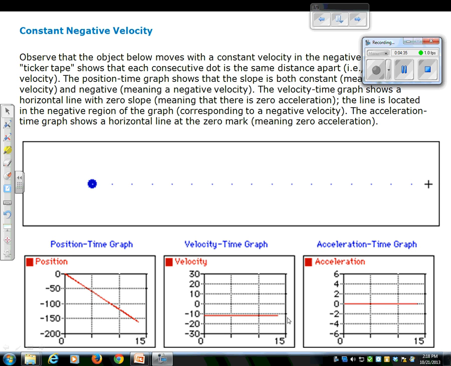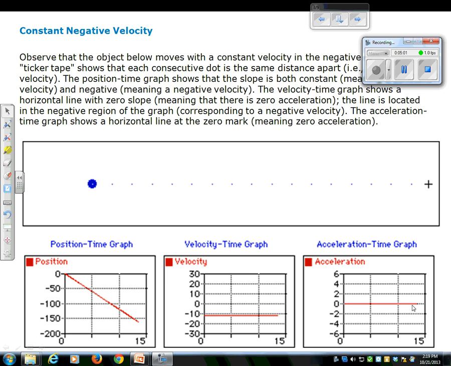Because the slope of this graph is constant minus 12. What's the slope of this graph here, Riley? Constant what value? No, the slope. What's the value of the slope of this graph? So the value is 0, which means my acceleration time graph is a constant 0.